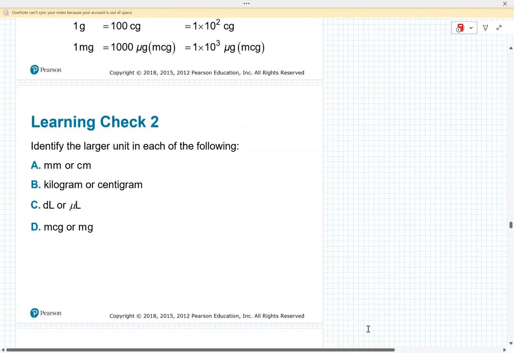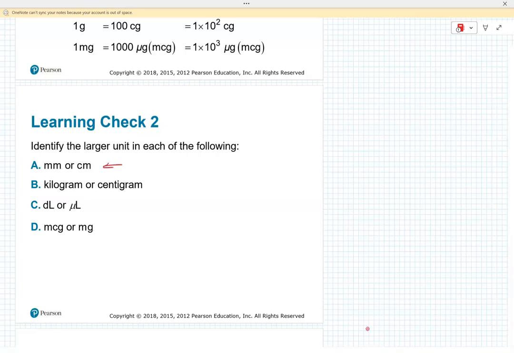So, which is the larger unit in each of the following? Here, millimeter or centimeter? Centimeter. Kilogram or centigram? Deciliter or microliter? Microgram or milligram? There you go.